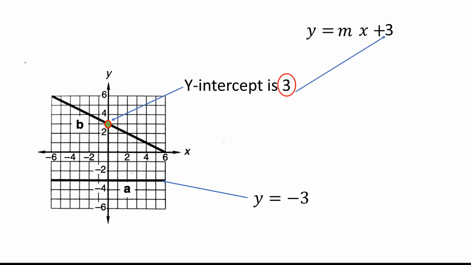And then the slope, we just start at any point on the line and we go up and over to see what the rise and the run are. So if we want to, we could just start at that point there and go up 2 and over -4. So we're going up 2 and then we're going backwards -4, because you can already see that this line is going to have a negative slope because it goes downhill.